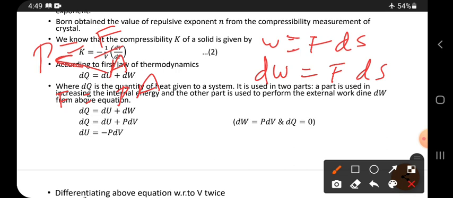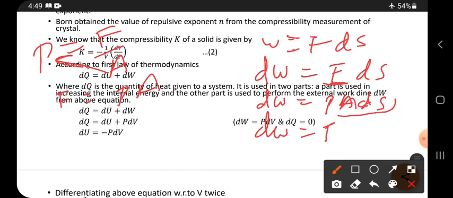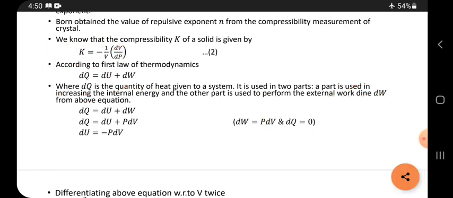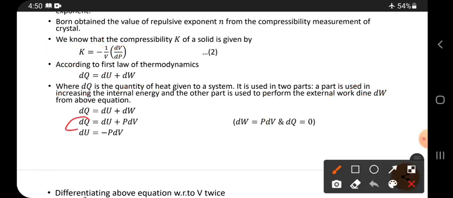In the place of force we can substitute: dw is equal to p a into ds. Here p is the pressure, area into distance is volume, but the distance is small, so it is a small volume. That is why dw is equal to pdv. But here the amount of heat energy is very small, so that is why it is taken as 0.